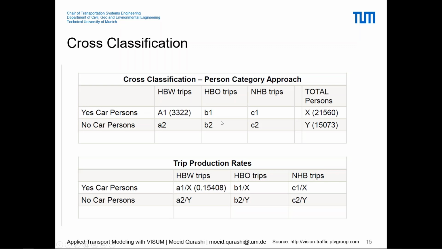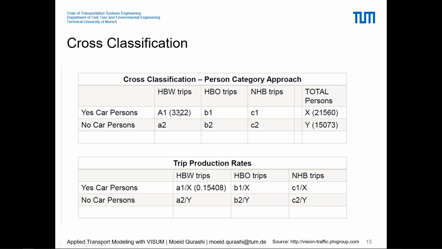So you have these six different demand groups, and each record of these six demand groups will have trips, right? So home-based work with yes car are 3322. And you also have the total persons with yes car and with no car.